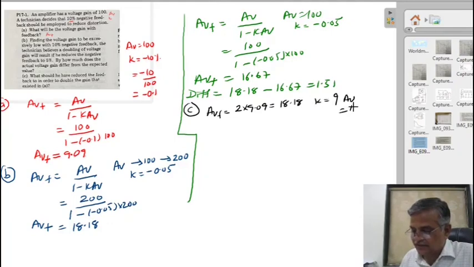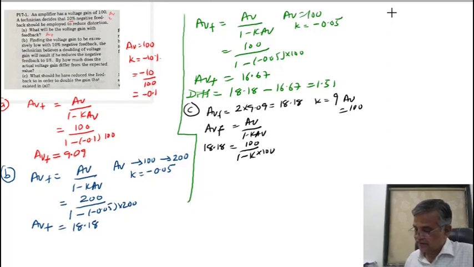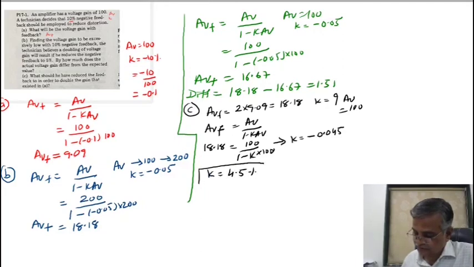If AV is 100, AVF is equal to AV upon 1 minus KV. This is your 18.18. This is 100 upon 1 minus K into 100. So if you find this K, you will get minus 0.045. So K is nothing but minus 4.5%.